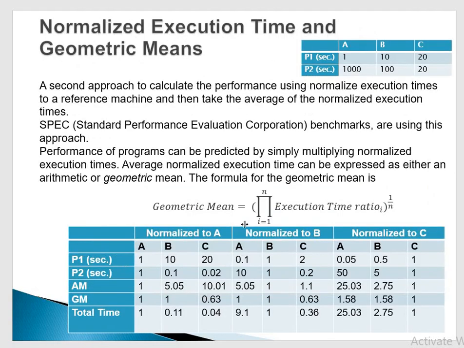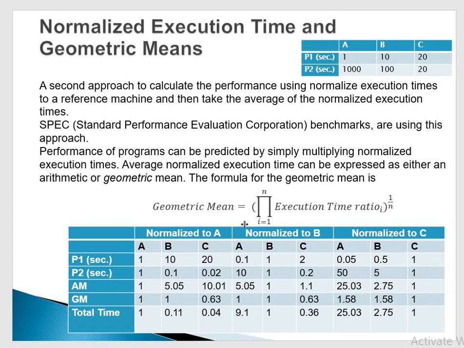So the second approach which is used to evaluate the performance of more than one machine is called normalized execution time with the help of geometric mean rather than arithmetic mean. This is the second approach which is also used by SPEC.